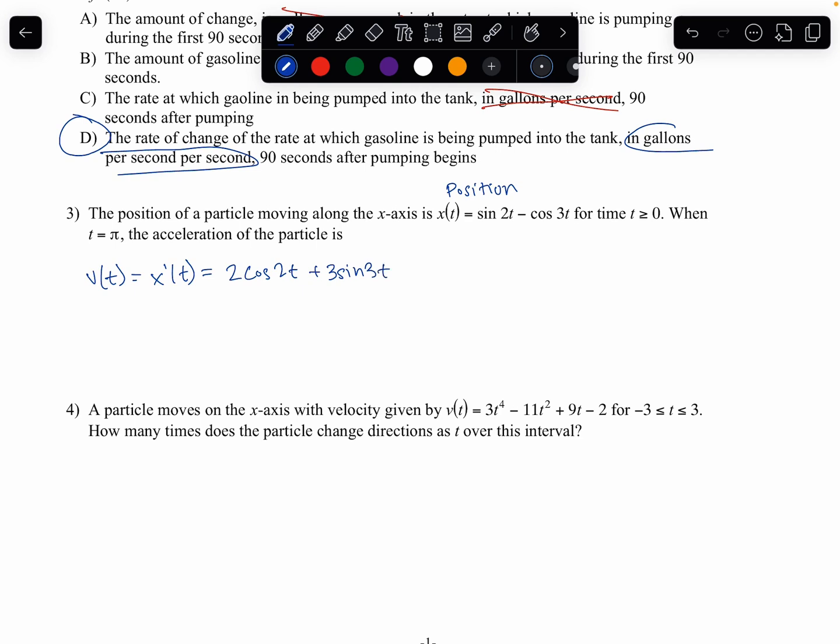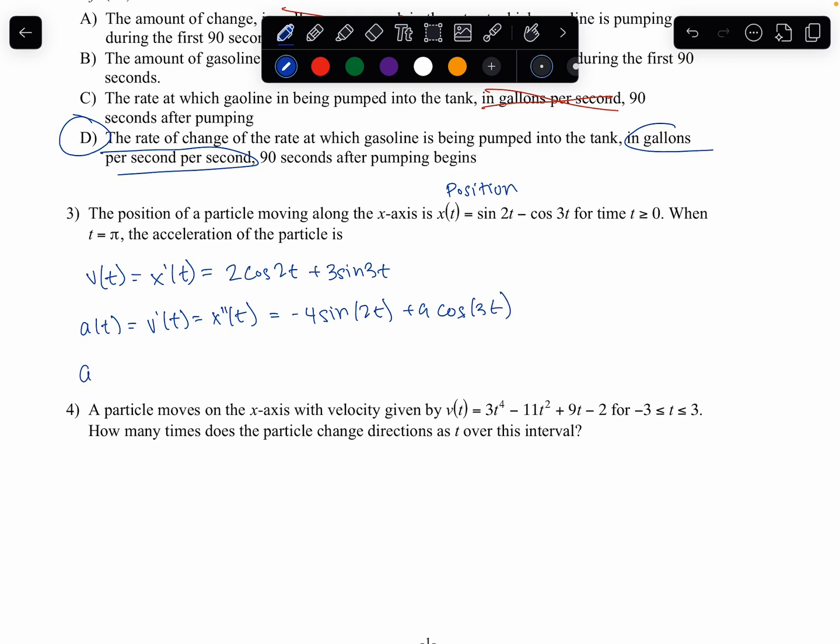Okay, and then the acceleration is going to be equal to the first derivative of velocity, which is the second derivative of position, which is equal to negative 4 sine of 2t plus 9 cosine of 3t.